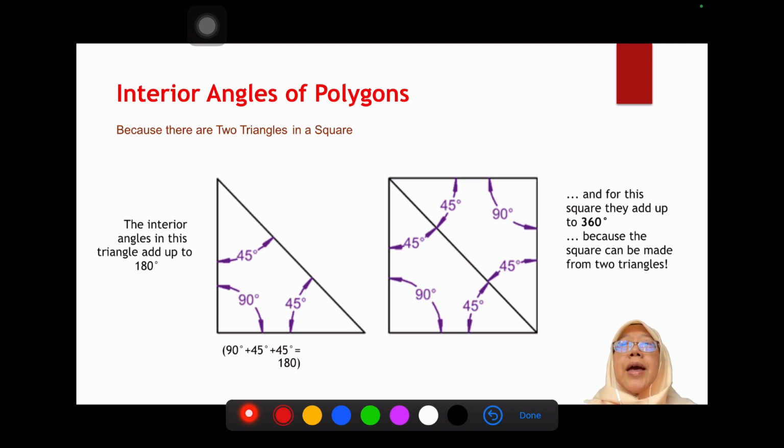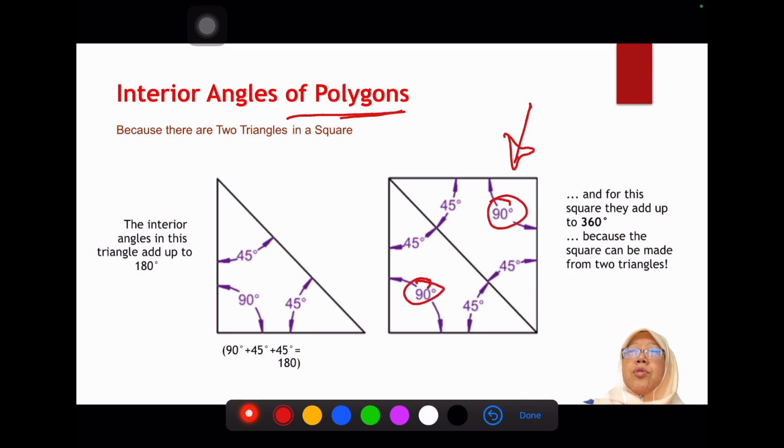Let's look at the interior angles of polygons. In a square, you can also ask your students to prove this. They draw a square, measure the length and the width first, and then measure the angles.